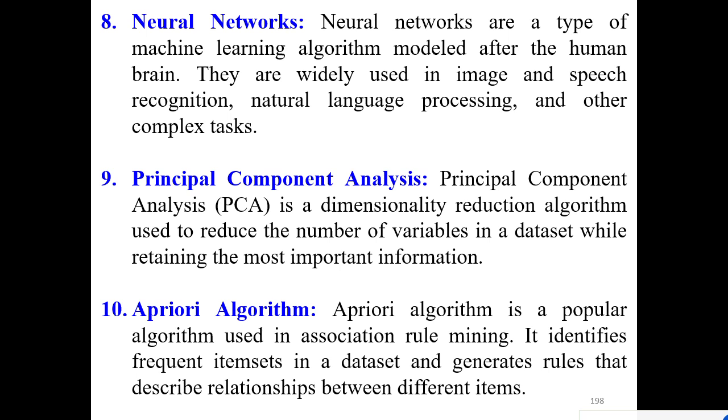Apriori algorithm is one of the association rule mining techniques used to find frequent item sets. It identifies frequent item sets in a data set and generates rules that describe relationships between different items.